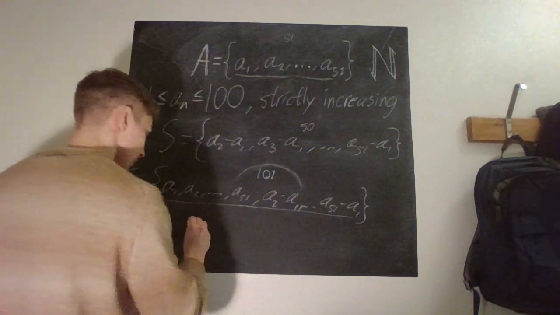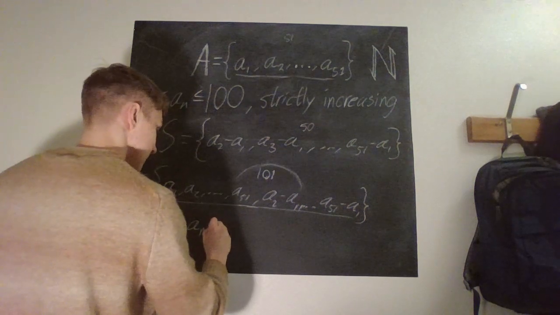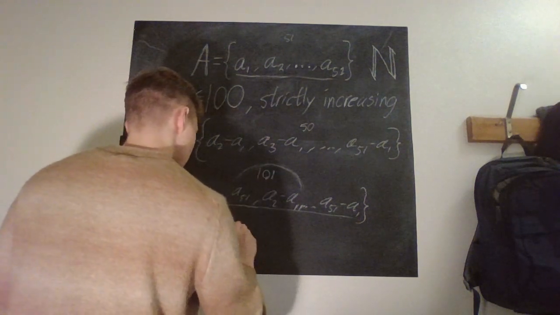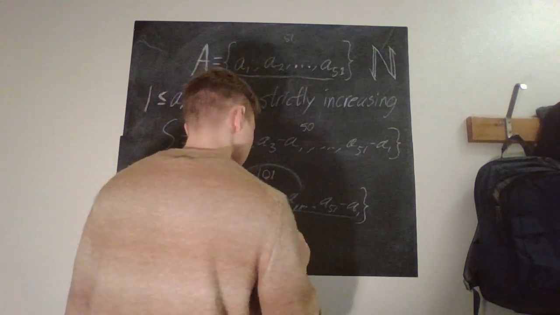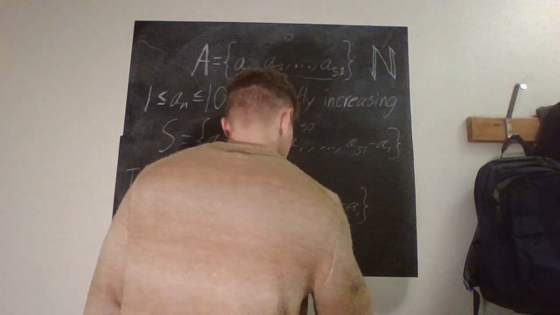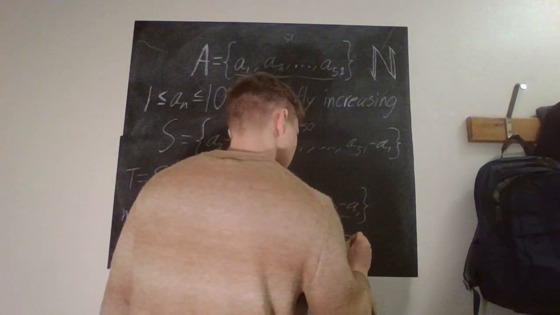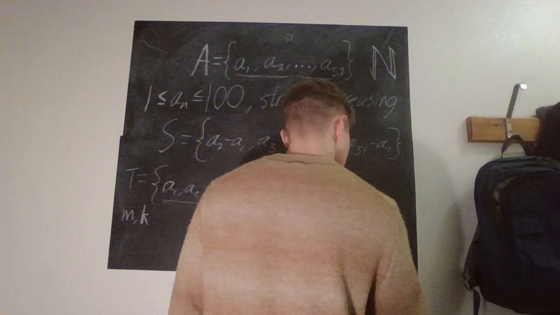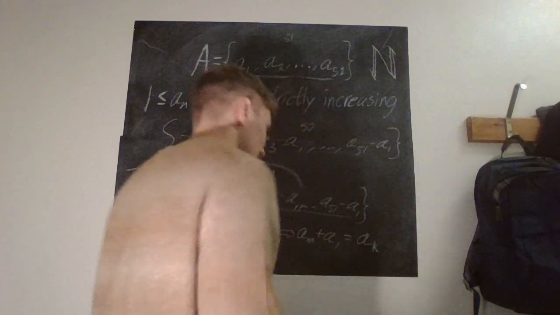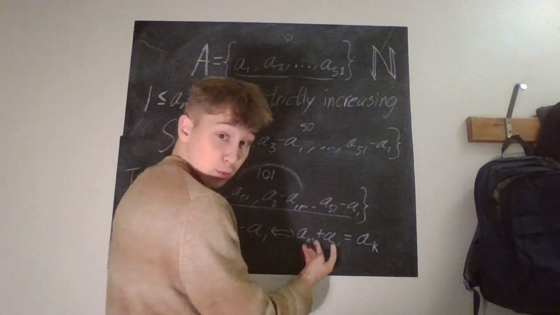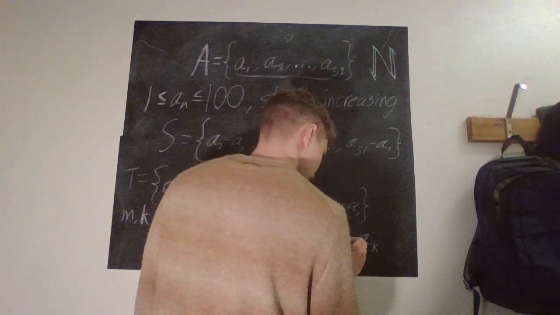And therefore we then denote that AM is equal to AK minus A1, which is equivalent to AM plus A1 being equal to AK. And here we have that the sum of 2 elements is another element in the list.